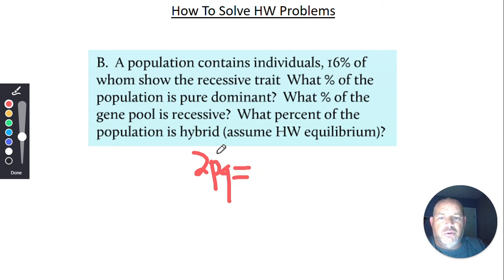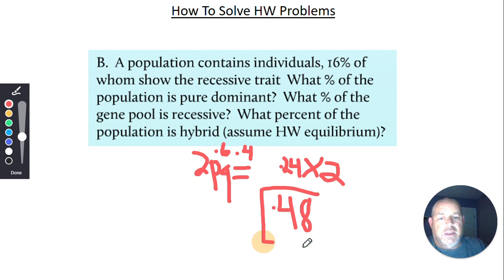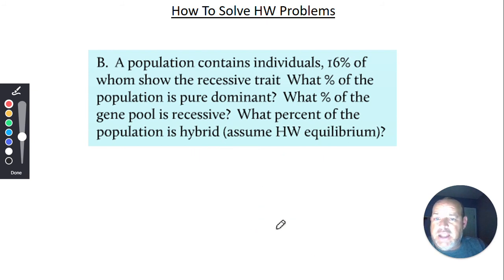So 2 times 0.6 times 0.4. 0.4 times 0.6 is 0.24 times 2. So our 2pq is going to be 0.48, right? So we made it to 48% is going to be the hybrid.